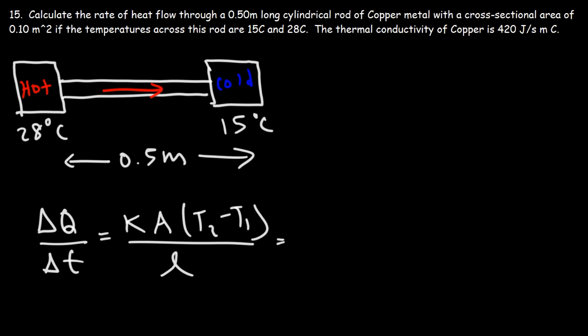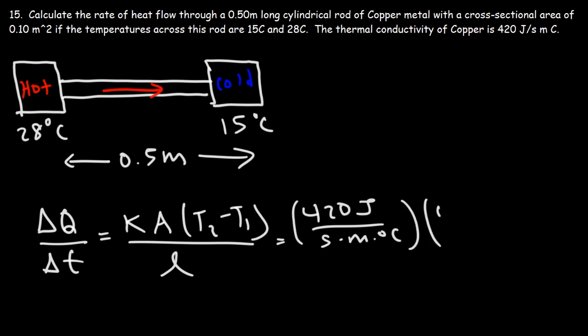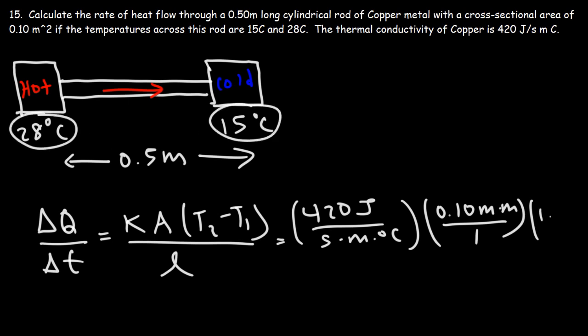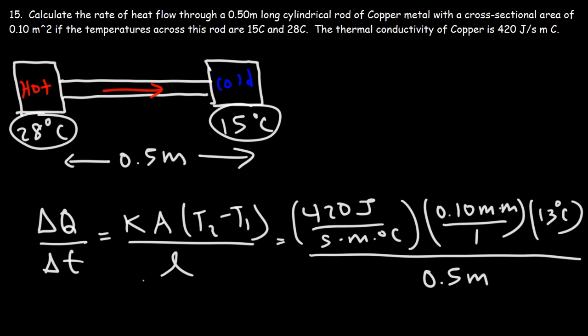The thermal conductivity of copper is 420 joules per second per meter per Celsius. The cross-sectional area is 0.10 square meters, but I'm going to write it as meters times meters. The temperature difference is 28 minus 15, so that's 13 degrees Celsius, divided by the length of the rod, which is 0.5 meters.